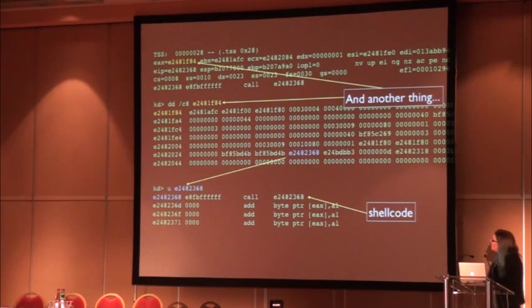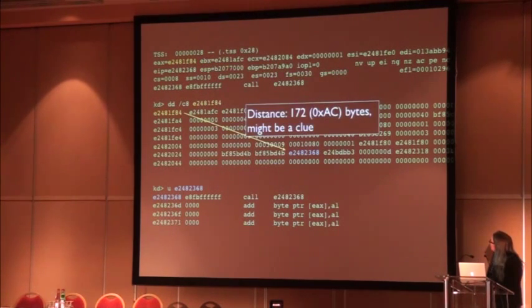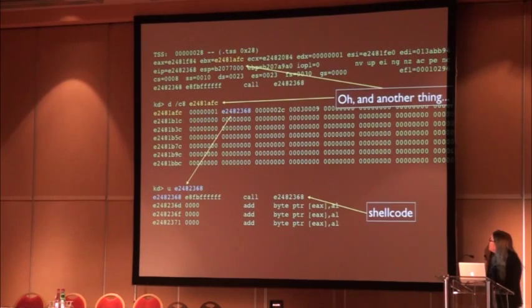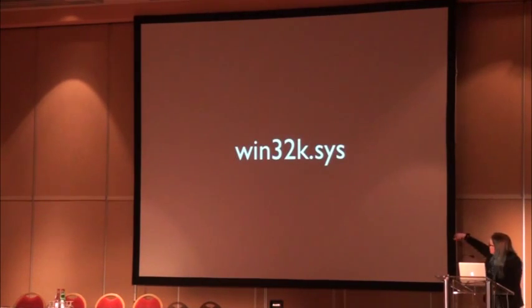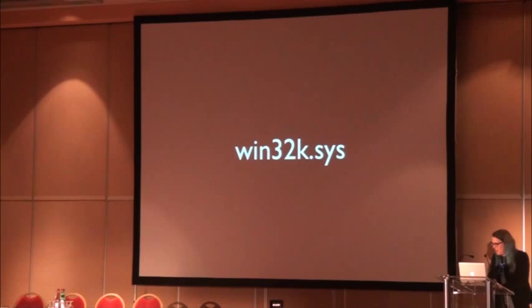Or EAX plus that many bytes, that might be it. Or EBX plus 4, that could be the jump to the shellcode, because somewhere there's a jump or a call that essentially leads into the shellcode execution.